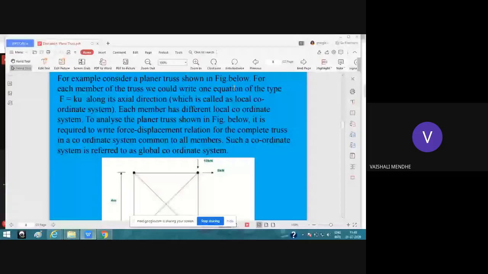For each member of the truss, we could write one equation of the type F is equal to K into U. This is the relation you know, F is equal to K into delta along its axial direction, for every member.